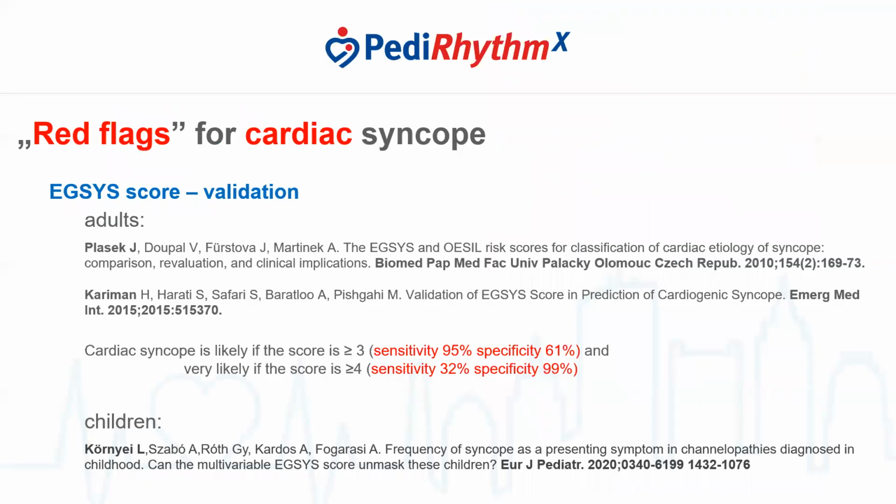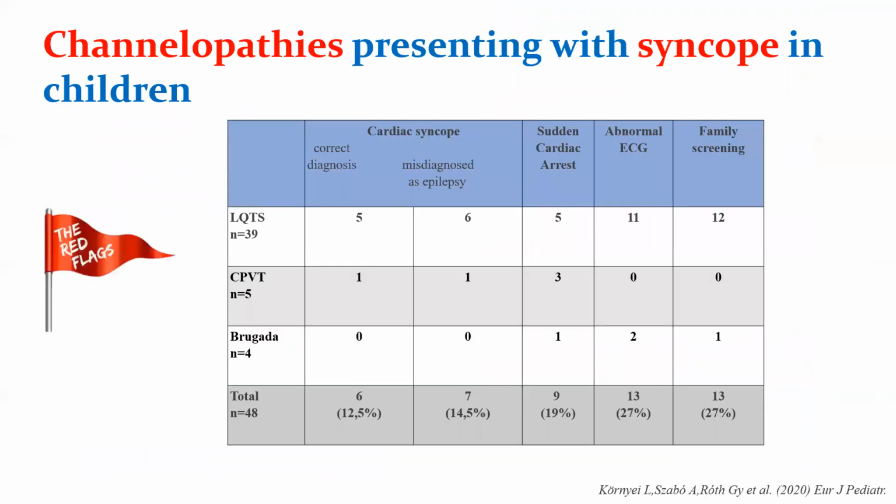The score was validated in the adult population, and we tested with my colleagues the sensitivity of the EGSYS score also in children with channelopathies who presented with syncope. We focused on the diagnostically most challenging subgroup of cardiac syncopes, the arrhythmic syncope due to channelopathies.